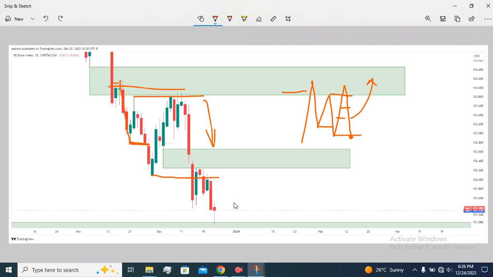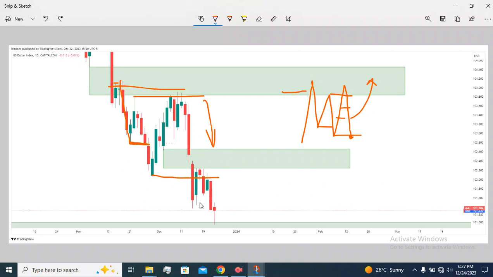So yes, last week was a bit choppy. I can attest to that. There was no clear opportunity to take, because if we drop down to the 4-hour time frame, there was nothing very clear to take advantage of.